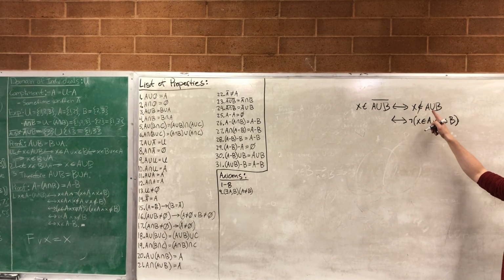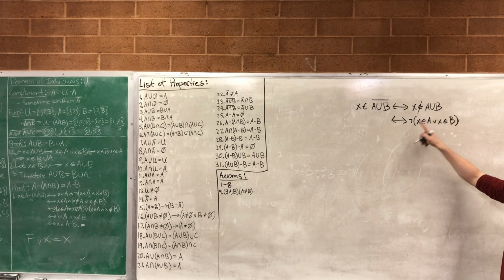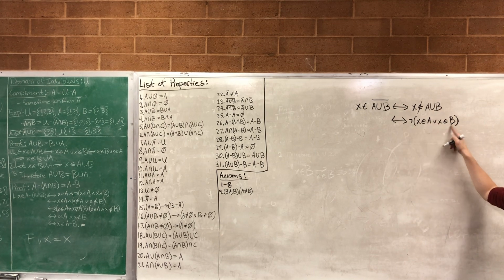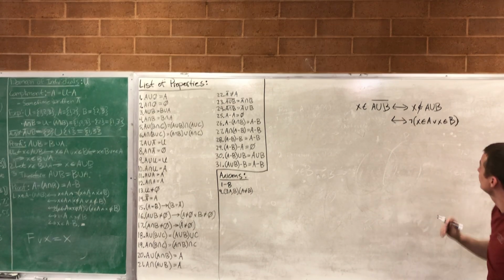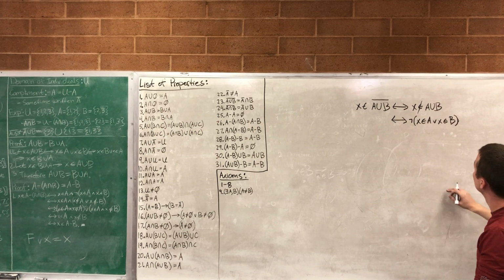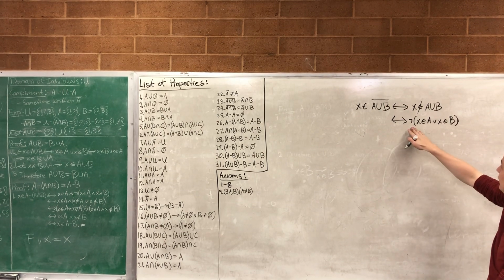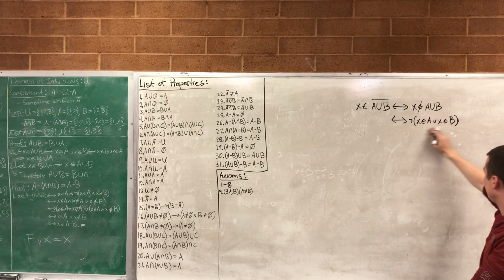If X is not in A union B, then it's not the case that X is in A or X is in B. I'm just saying you could do an intermediary step that goes not X is in A union B and split it, but it's the same thing. Anyways, so now we have it like that.